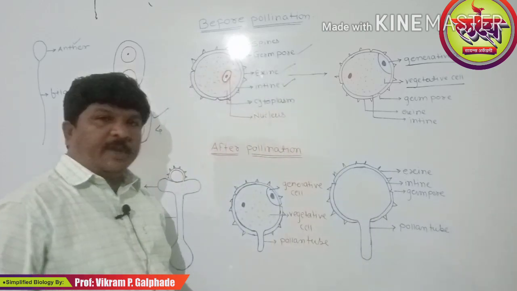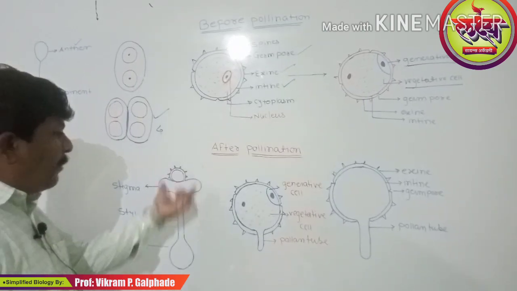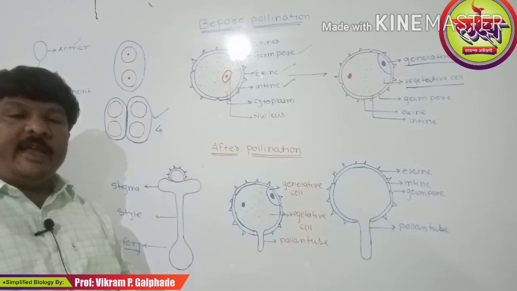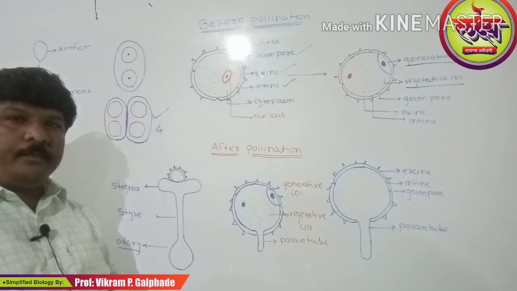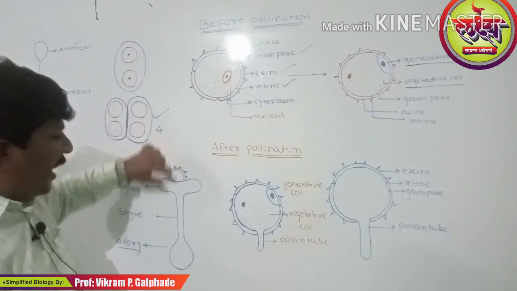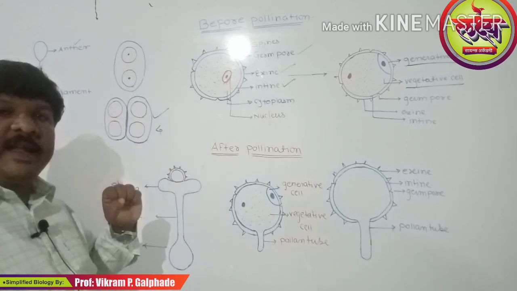After matching the receptors, the stigma produces a sugary alkaline liquid. The pollen grain absorbs this sugary alkaline liquid.